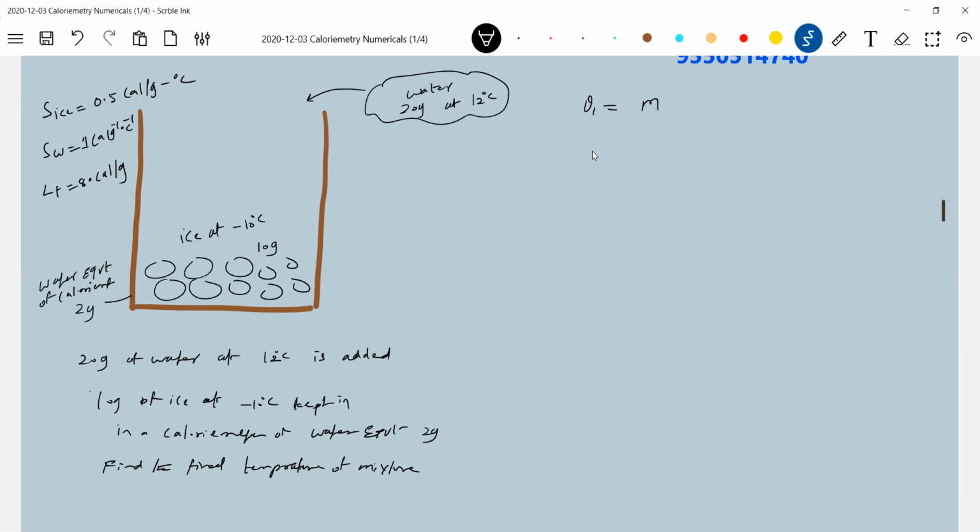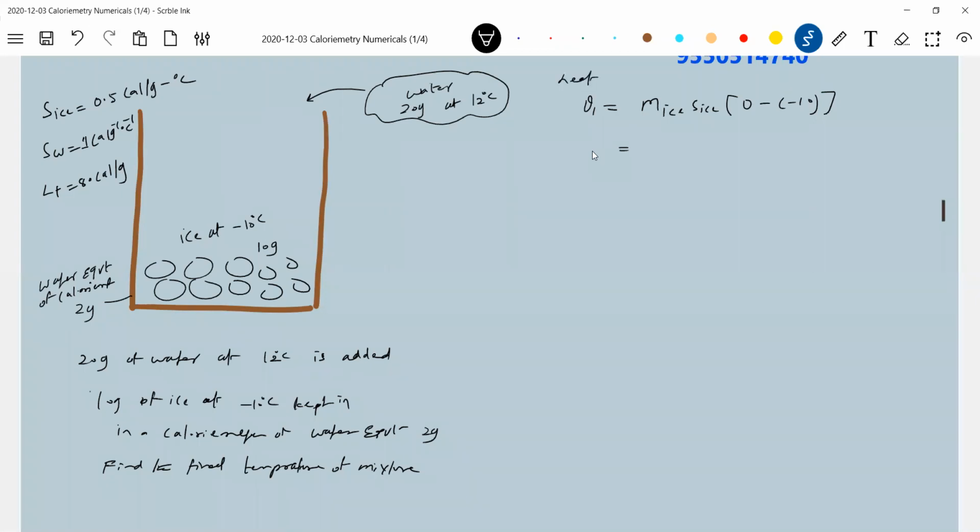These are the data. For the temperature of ice to increase from minus 10 to 0, what is the amount of heat required? Mass of ice times specific heat of ice times 0 minus of minus 10.